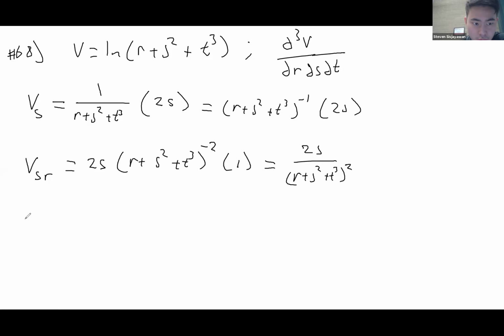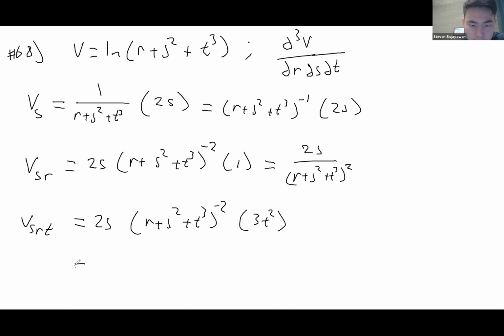Then lastly, we want to take the partial derivative in terms of t. Taking this in terms of t, we get 2s multiplied by (r plus s squared plus t cubed) to the power of -2, multiplied by 3t squared. That's going to result in 6st squared all over (r plus s squared plus t cubed) squared.